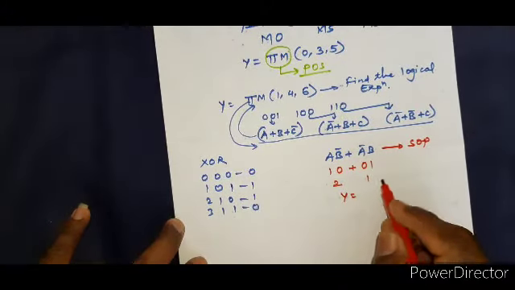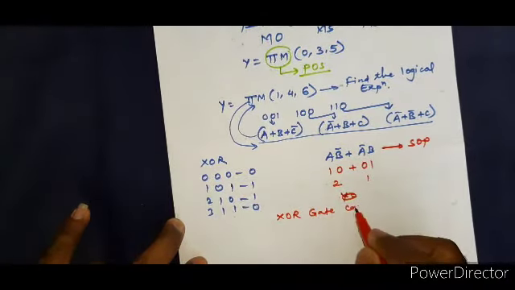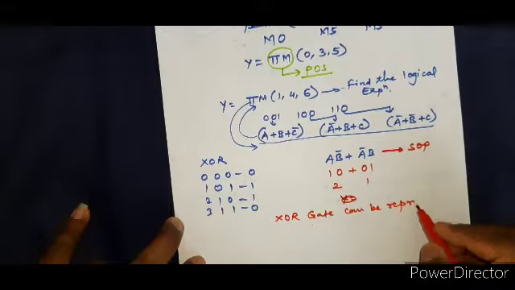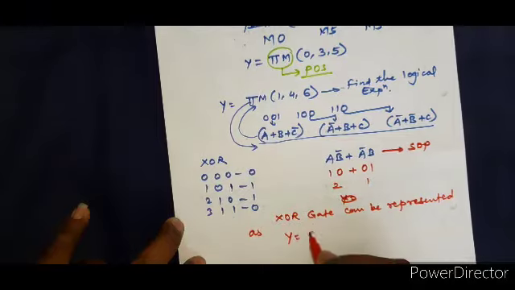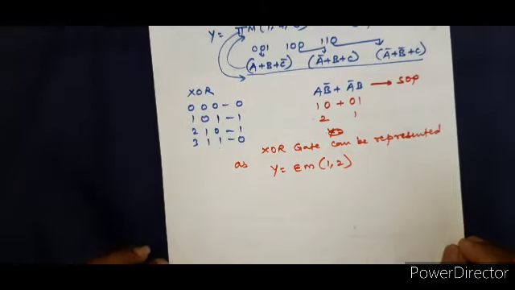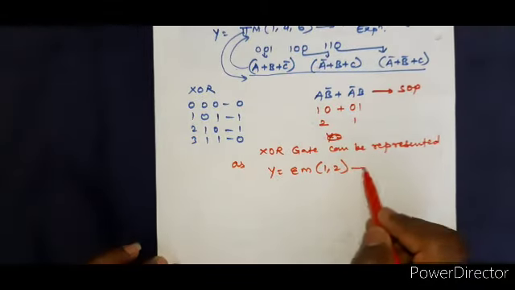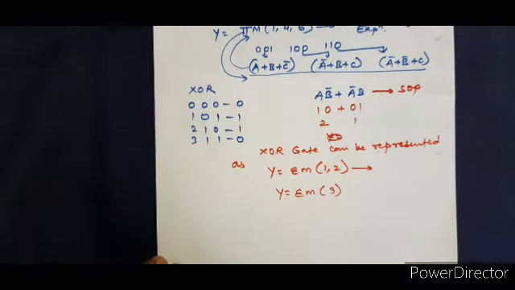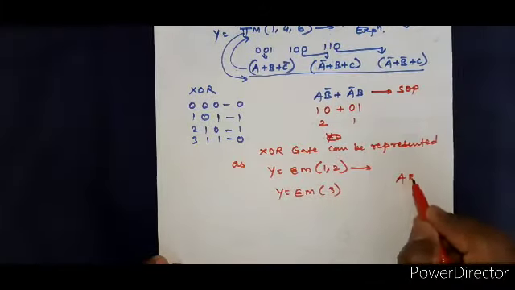So my XOR gate can be represented as y equal to summation of m 1, 2. This is also my XOR gate. My AND gate can be represented as summation of only 3, because the output is A B, so 11.